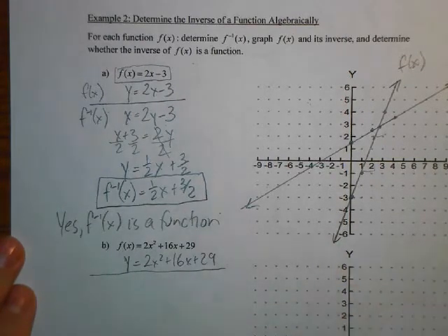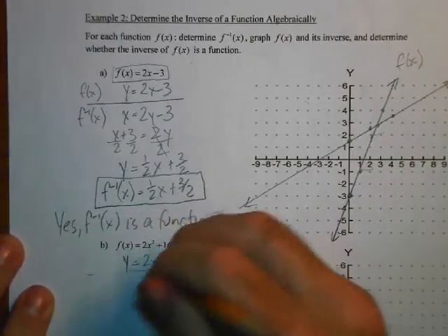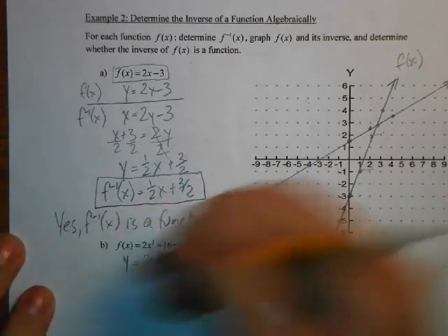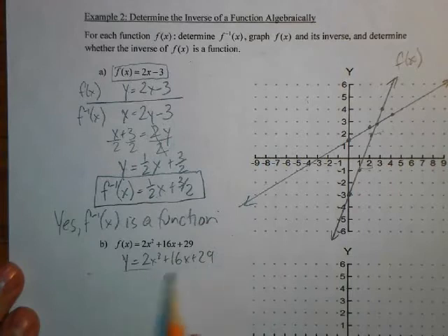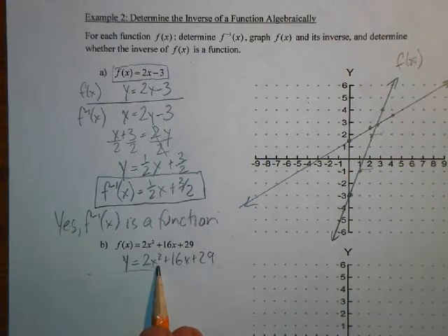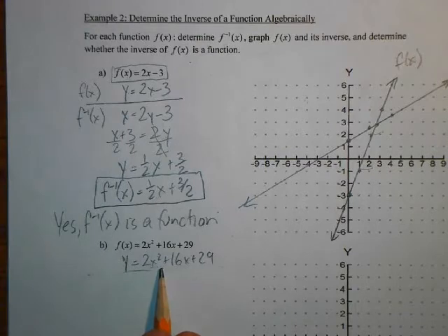Actually, no, let's change that up a bit. Before we flip the values, one of the things we have to do if we're finding the inverse of a quadratic, because it's going to be really hard to isolate. If I change the x's to y's, it's going to be super hard to isolate for y.